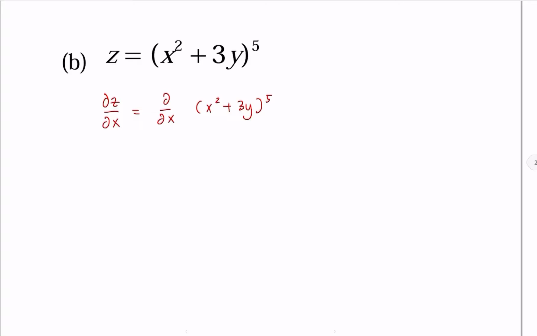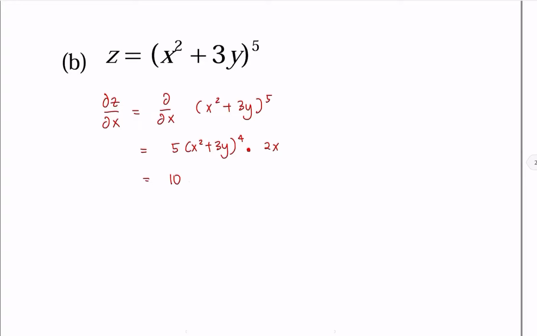In this case this is the chain rule. We differentiate the whole thing first, which gives 5 times x squared plus 3y to the power of 4, and then we differentiate inside, x squared plus 3y, which gives 2x.